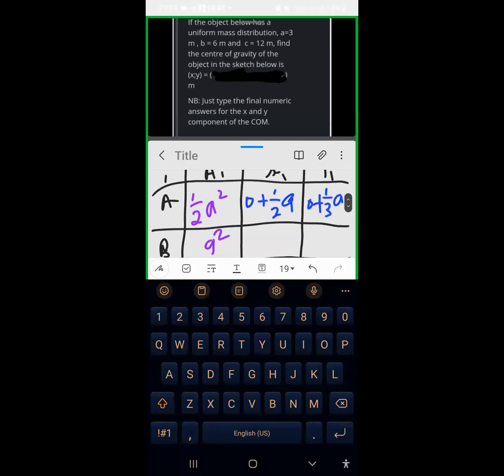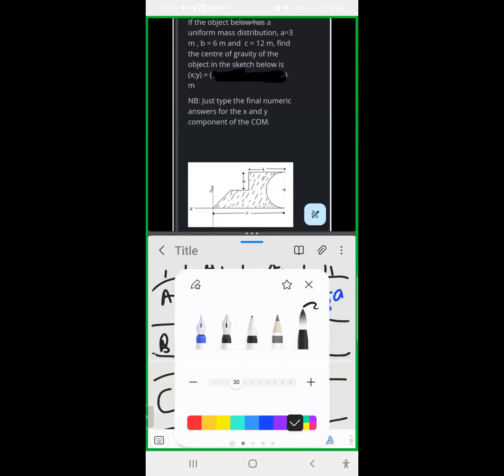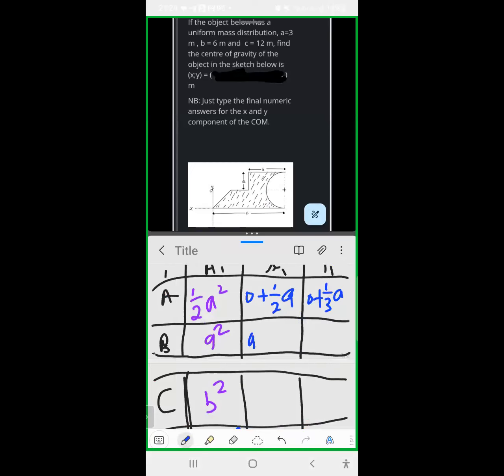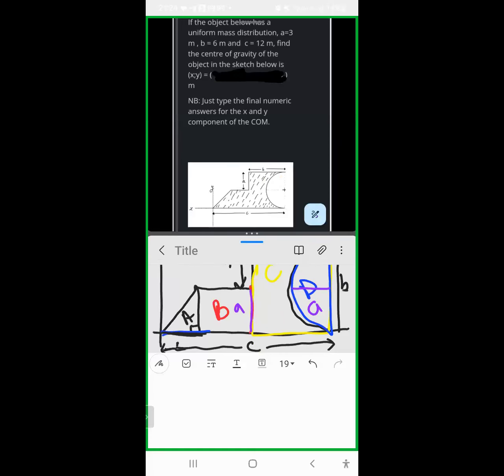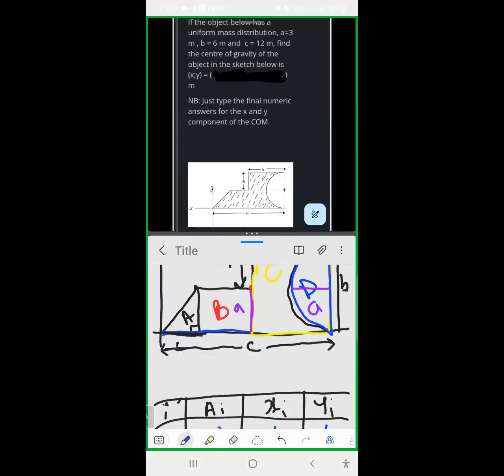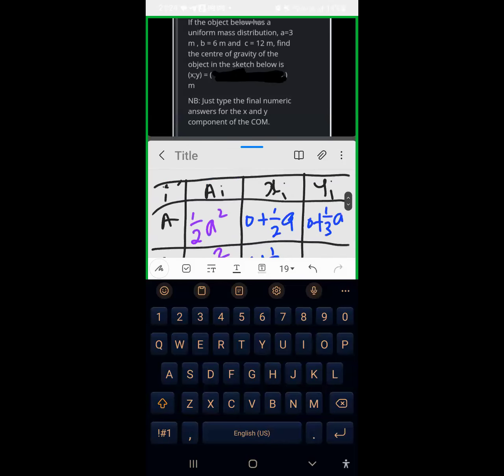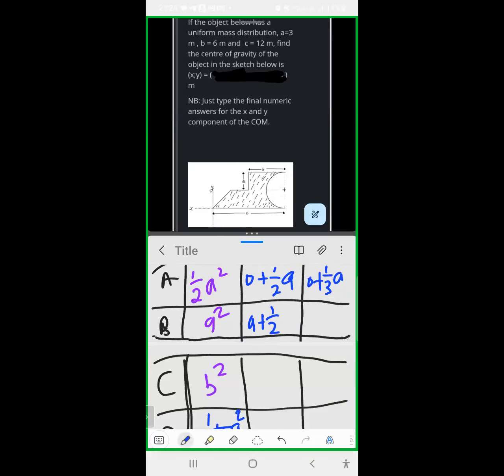Will be 3, which is a unit, and then plus the x coordinate of the center of mass, which is going to be half of its base. So its base is only this distance from here all the way to here. So that is 3 units, which is a unit. Therefore, this will be a plus half of a.